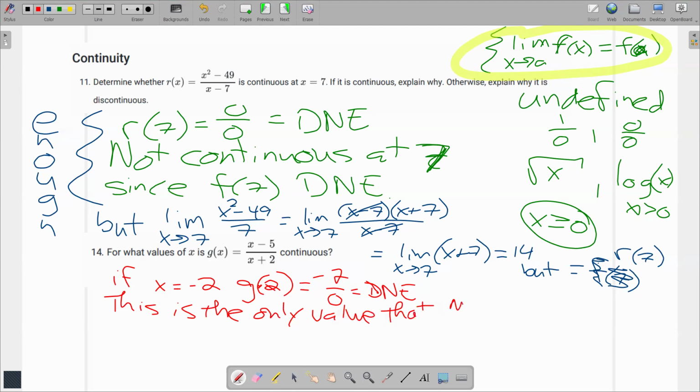So would it be like every other number besides -2? Exactly, yeah. Every other number but -2, and there's a couple ways to state that. One way is to state any real number except -2, we're continuous.